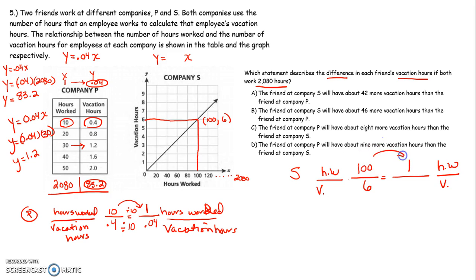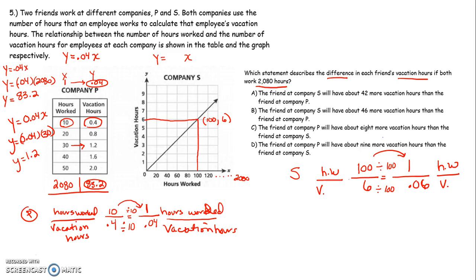Let's figure out if I only work 1 hour, how many vacation hours have I earned? So I divide the numerator by 100, therefore I divide the denominator by 100. So here, at this company, you earn 0.06 vacation hours, 6/100 of a vacation hour for every hour you work.